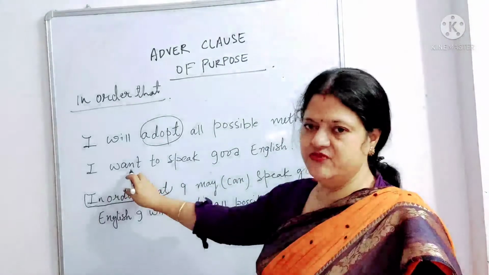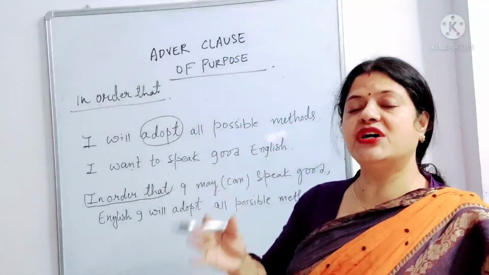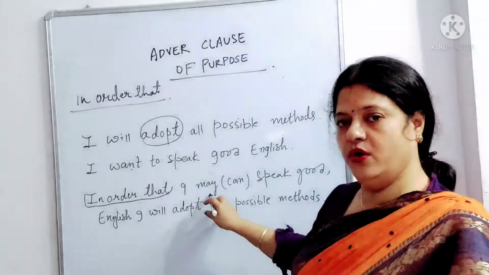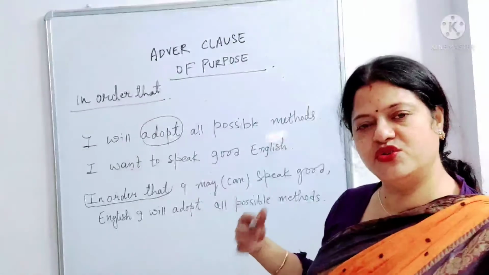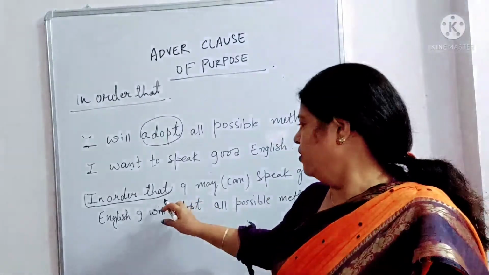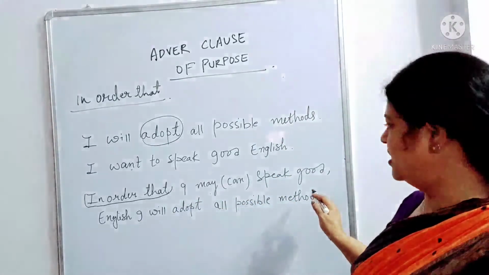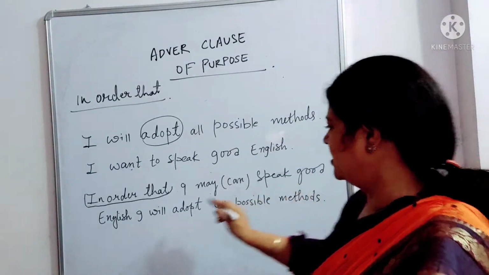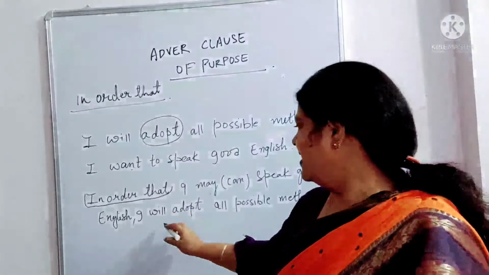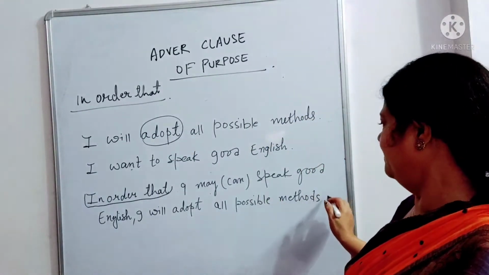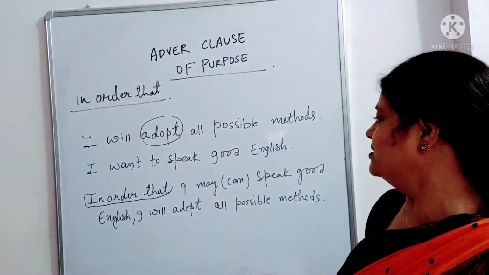I have removed the verb want. Instead of it, I have added a modal verb, that is may, or can can also be used. It's written in the bracket, so it can also be used. So in order that I may speak good English, up to here we have the subordinate clause. I will adopt all possible methods is the principal clause. I think it has become clear to you.